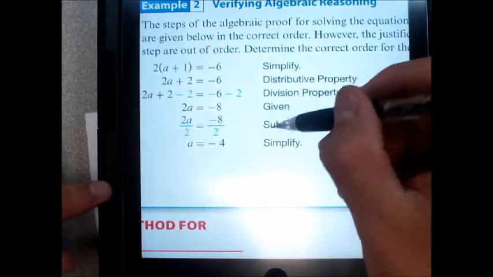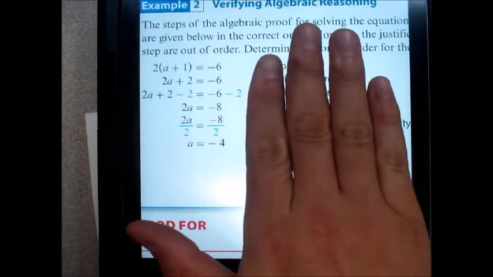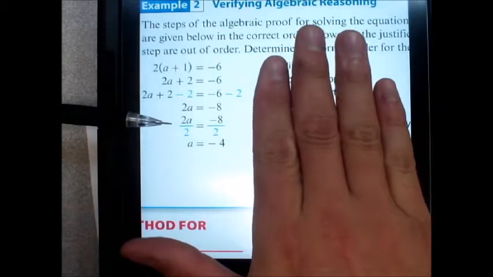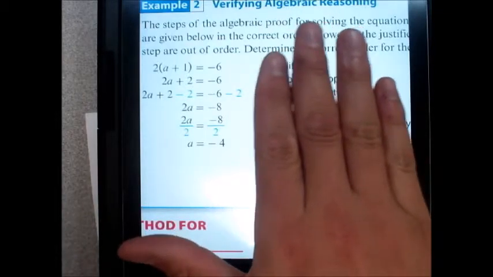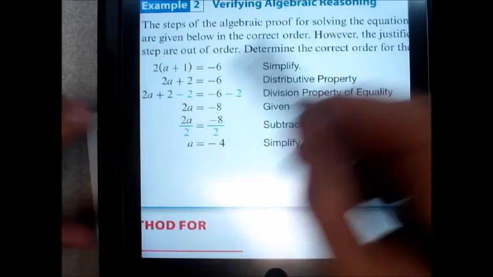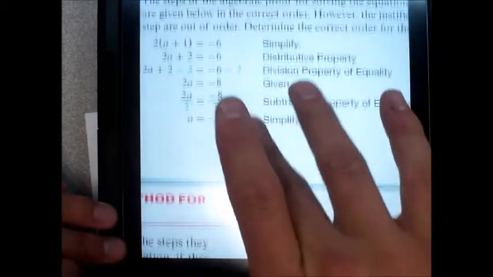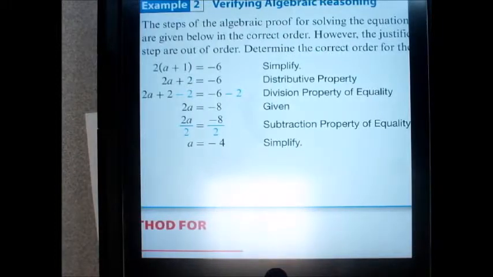Subtraction property of equality. Boom, boom. Then next they had to do what? They divided by 2 on each side. So what is that called? The division property of equality. Proper terminology here. Don't say the dividing property of equality. And then lastly we simplify.